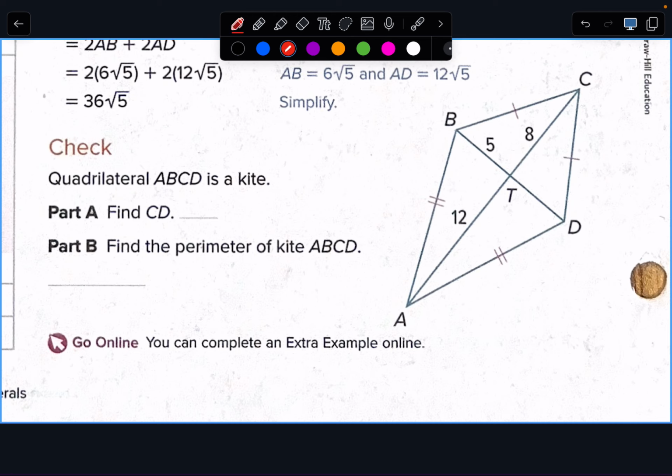So 5 squared plus 12 squared equals AB squared. 25 plus 144 is 169. 169 is a perfect square. What is it the perfect square of?